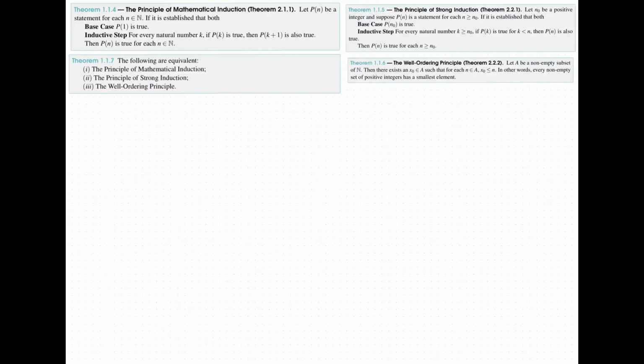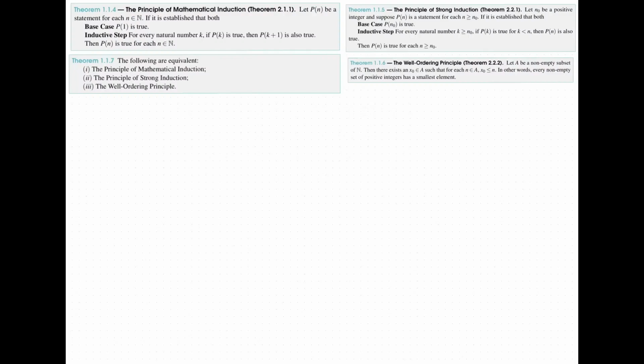In other texts, one usually proves that the principle of mathematical induction implies the principle of strong induction, and then induction implies the well-ordering principle. But what is actually true is that all of these statements are equivalent, and that is represented in this theorem. Principle of mathematical induction, principle of strong induction, and the well-ordering principle are all equivalent statements.